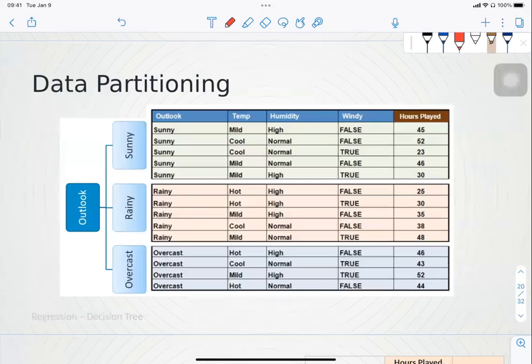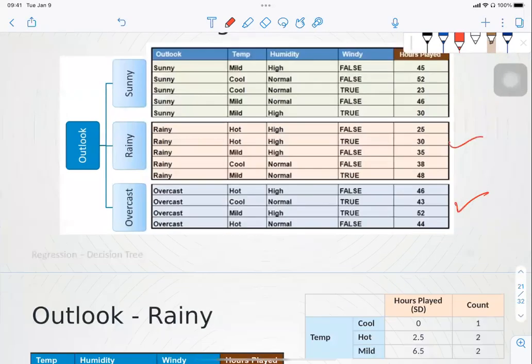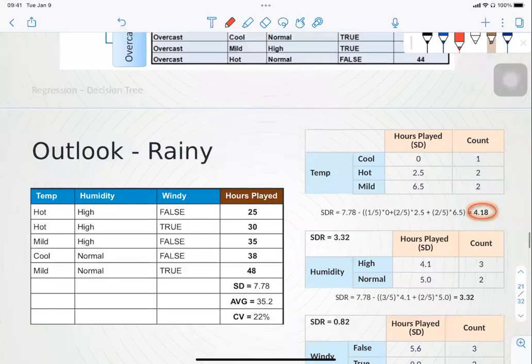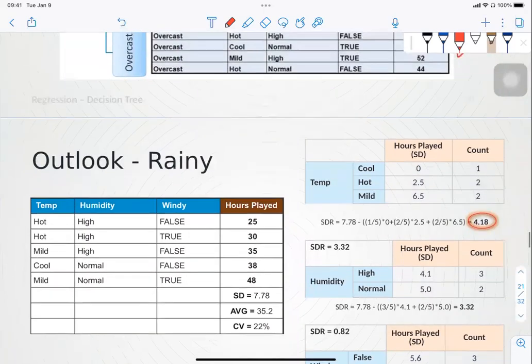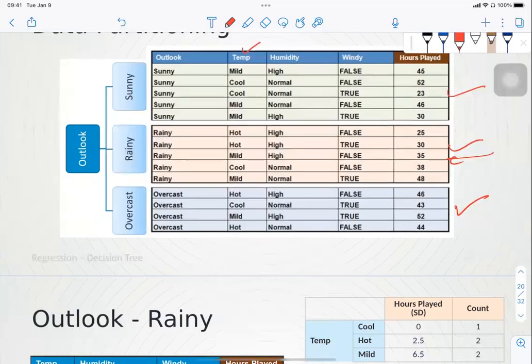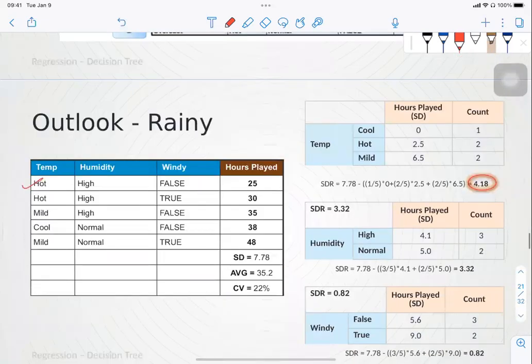Again, we see the data partitioning of rainy, as we have already seen for sunny. So rainy is left, we go into rainy. And in rainy, again, we get all the three columns of rainy: temperature, humidity, and windy.